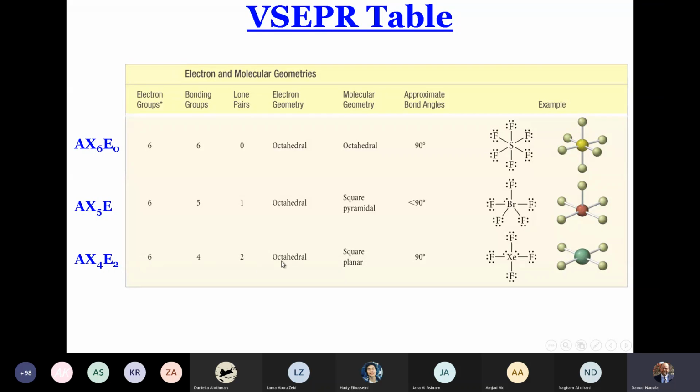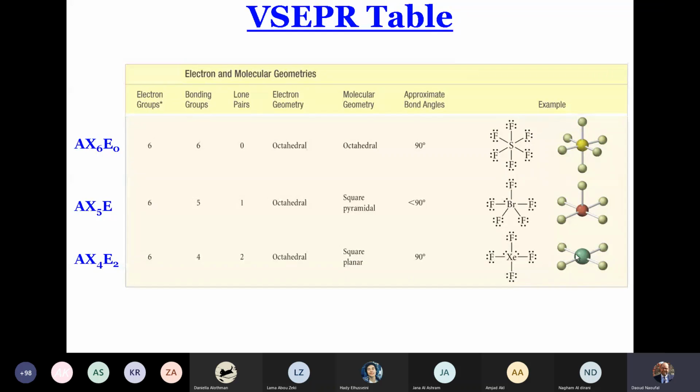The figure of repulsion is octahedral, and the 2 lone pairs are outside the plane, perpendicular to the plane. One perpendicular to the plane, and the second is also perpendicular to the plane. To pass to the geometry, we have to erase E, and we obtain this form, which is simply square planar, and the angles are equal to 90 degrees.